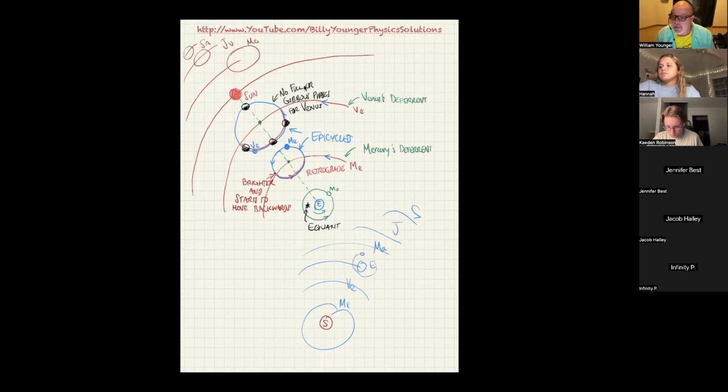That was the heliocentric model of the universe, the Copernican model. But the Copernican model, of course, had only circles and constant speed. Okay, that's Copernicus.